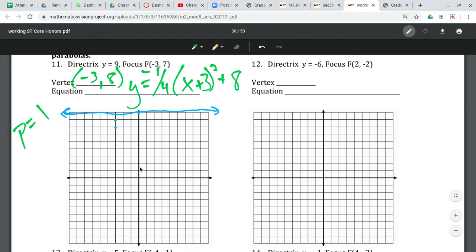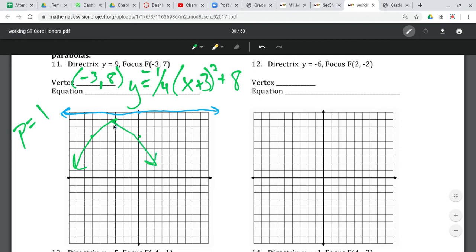So we're going to go up 1, 2, 3, 4, 5, and 3/4. Maybe if I can get the dot on there. Okay, and then we go over 3, and then over 3 more. So 1, 2, 3, right there. And now we have our parabola.